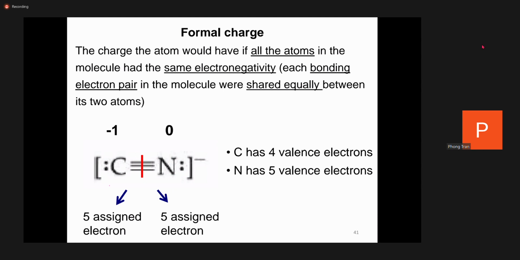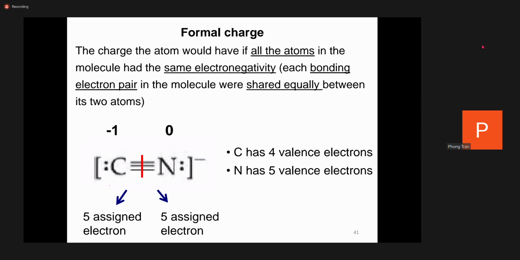In other words, the two electrons belong to both atoms, but the atom with higher electronegativity has a higher chance to keep the two electrons. The electron density will be localized more on the higher electronegativity atom.